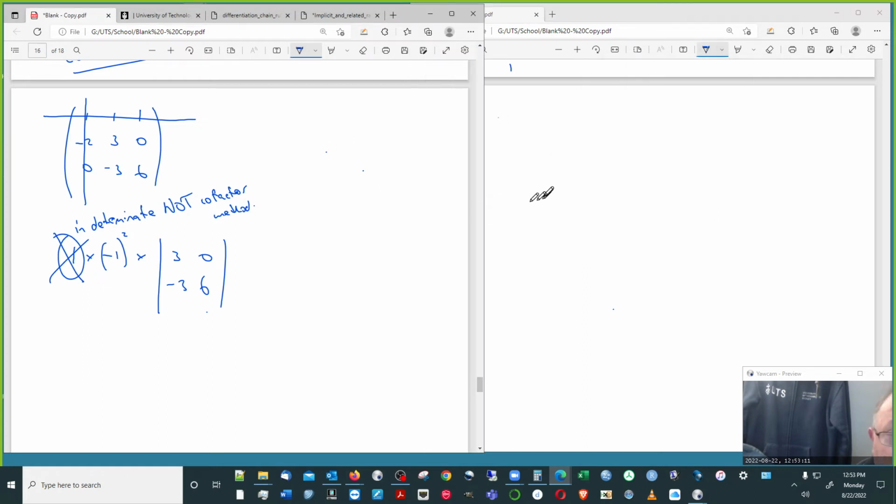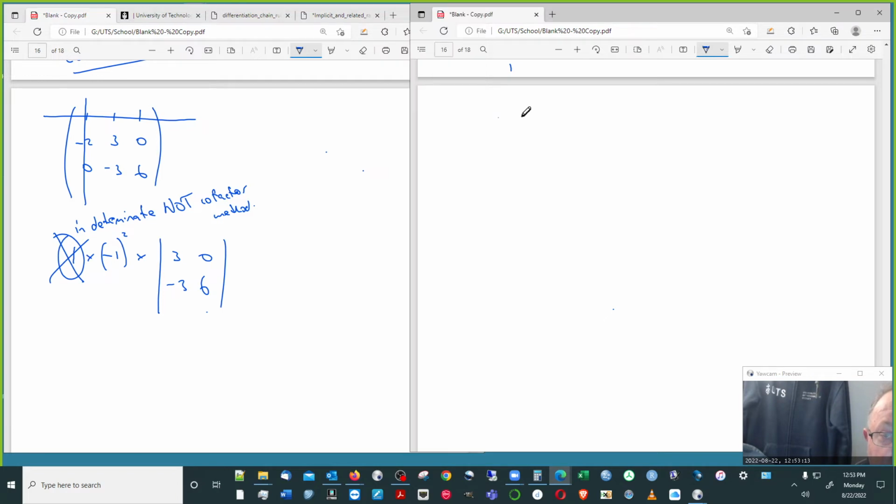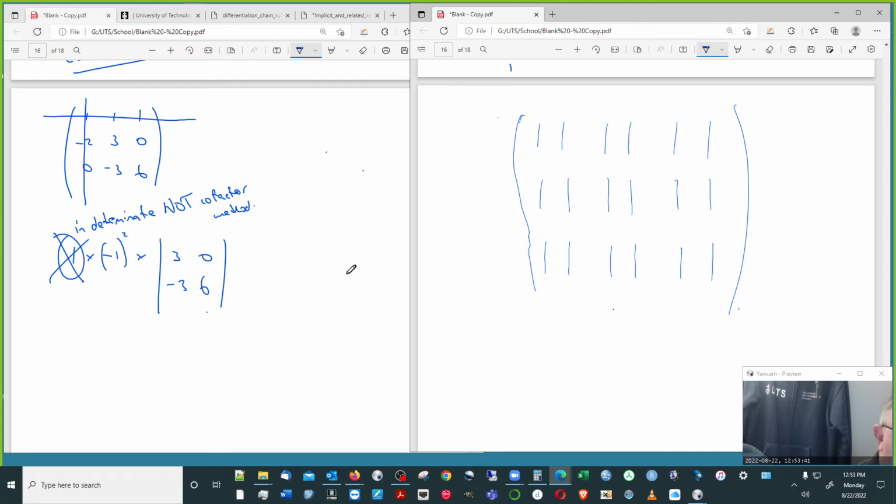Okay, so what we're going to do is make up a big cofactor method with all of the submatrices in it. And the submatrices are going to be these guys.